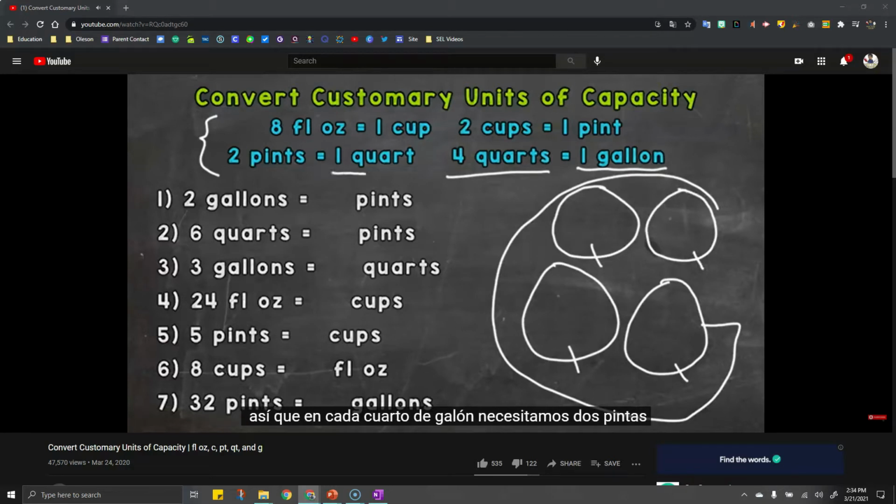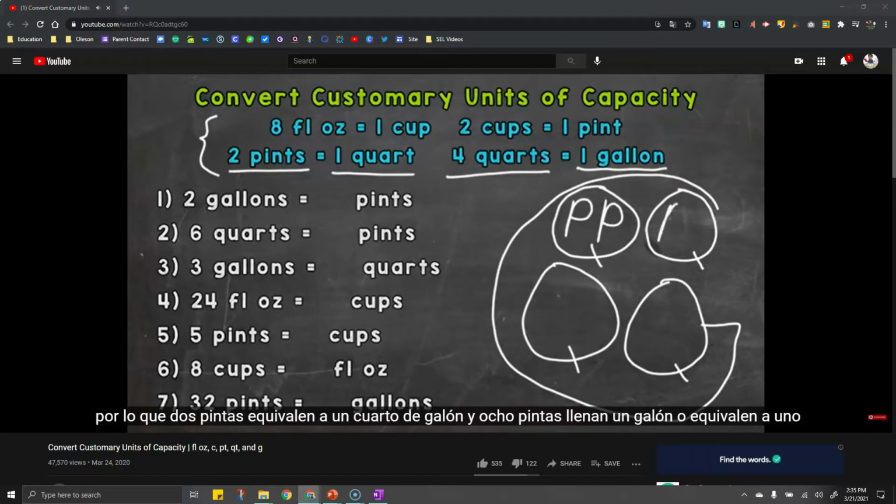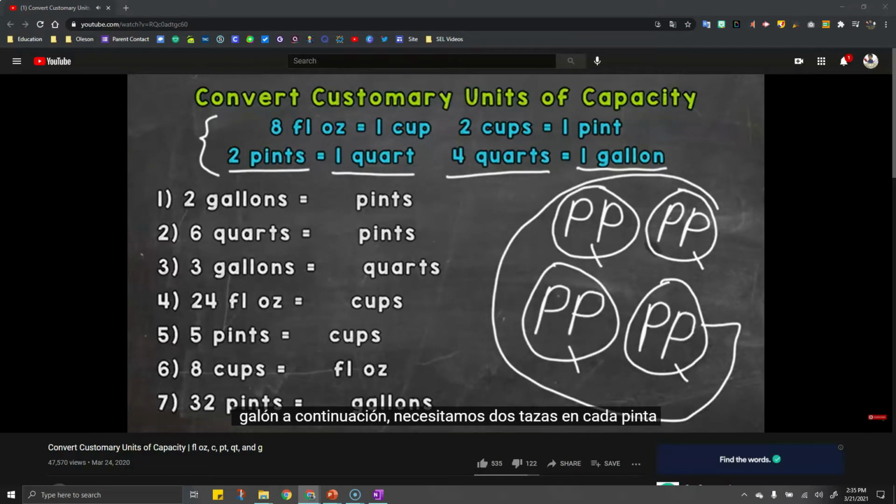So next, in each quart, we need 2 pints. So 2 pints equals 1 quart, and 8 pints fills 1 gallon, or equals 1 gallon. Next, we need 2 cups in each pint.